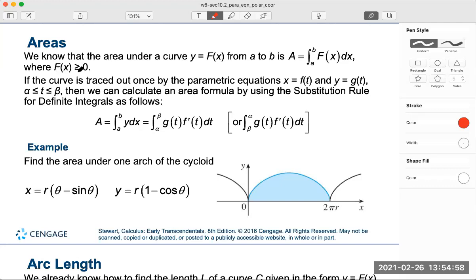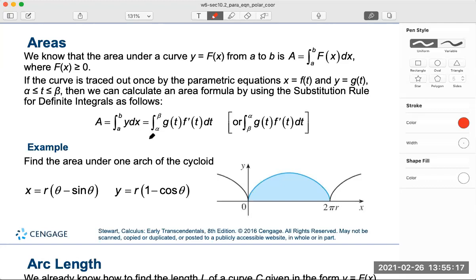The similar story: if the curve is traced out once by the parametric equation, x is f of t and y is g of t, and t takes values from alpha to beta here.